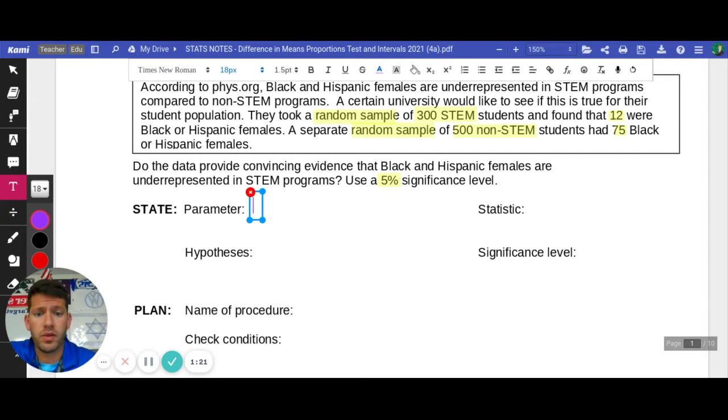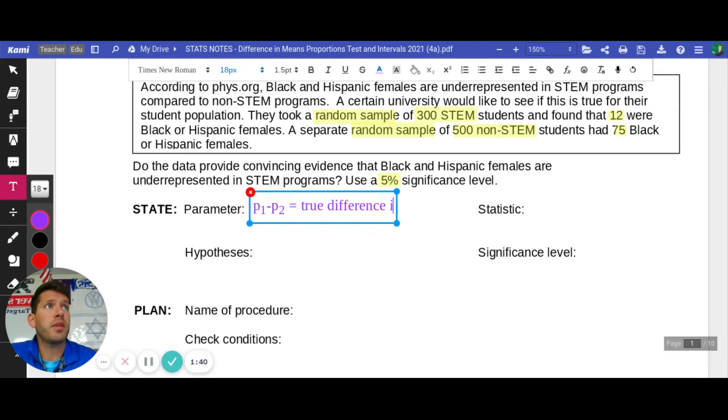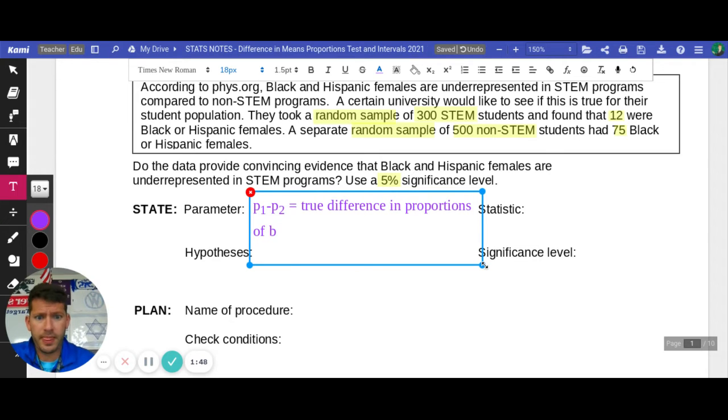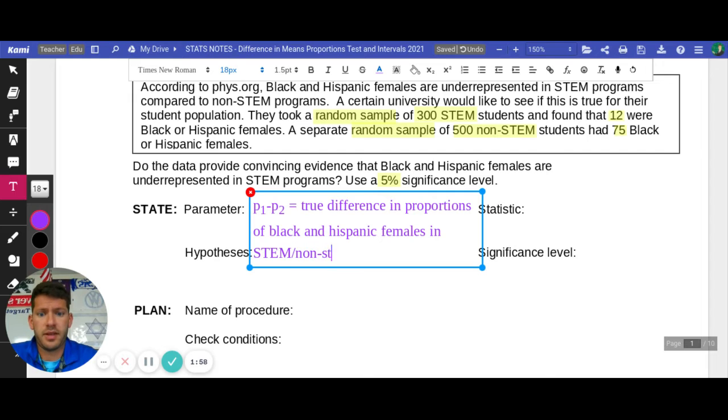So we're going to start with P for proportion, and we subtract P1 minus P2, and that will be the true difference in proportions of Black and Hispanic females in STEM and non-STEM.